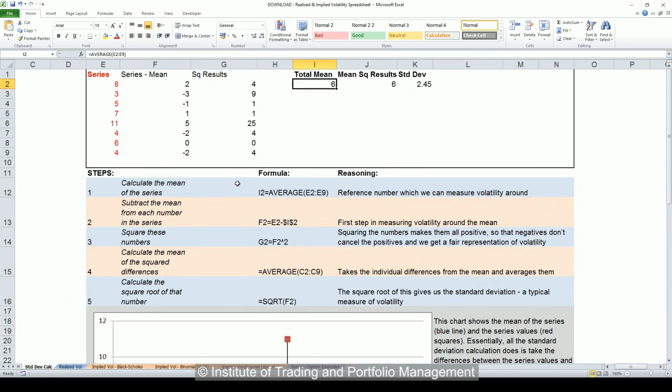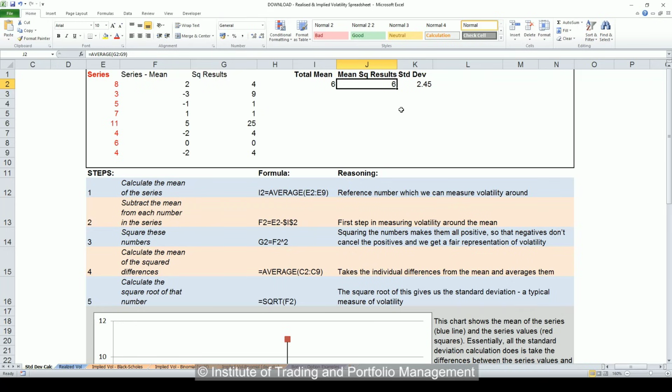So what you need to do is perform a mathematical manipulation, which is square those numbers, okay? So they all become positive. Then you can take the average of all the squared numbers. So you then get a single number for volatility, and then to undo the mathematical manipulation, you just square root it, and you get a value for standard deviation.